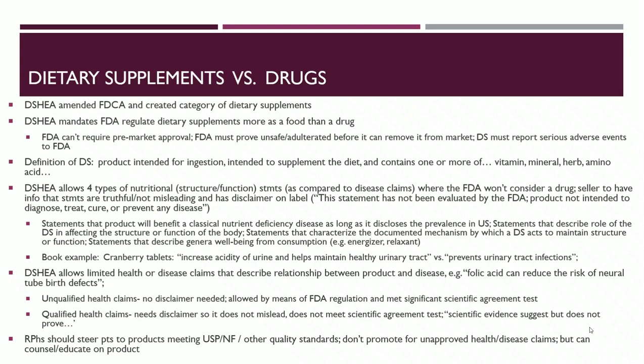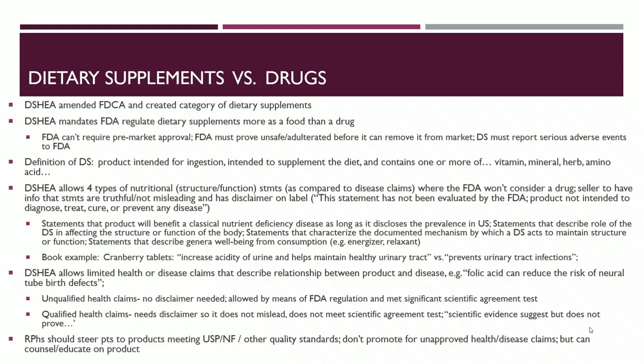But it also does allow four types of nutritional claims, or statements. It can state that it will benefit a classic nutrient deficiency disease as long as it discloses the prevalence of it in the United States. It can also describe the role of a nutrient affecting the structure or function of the body.